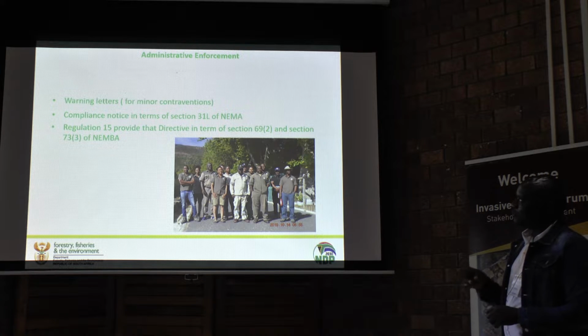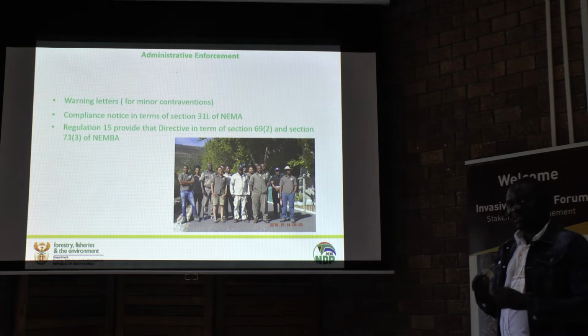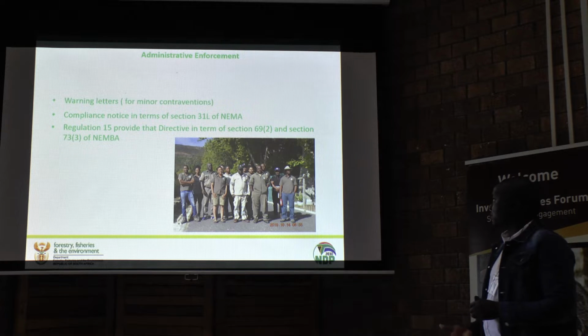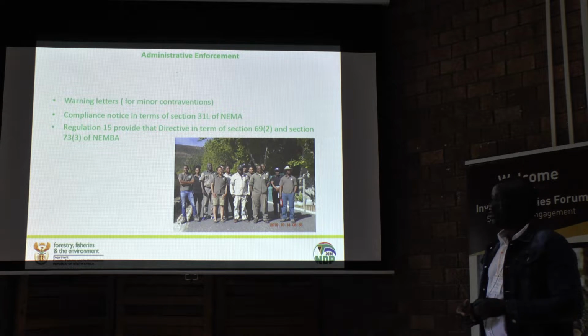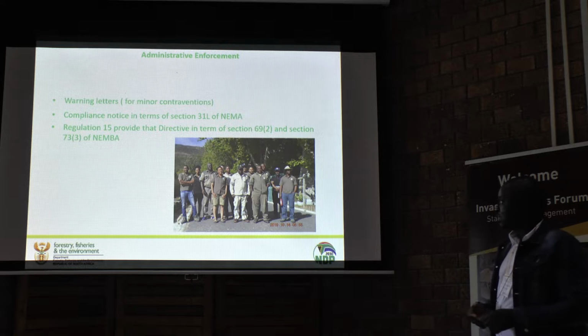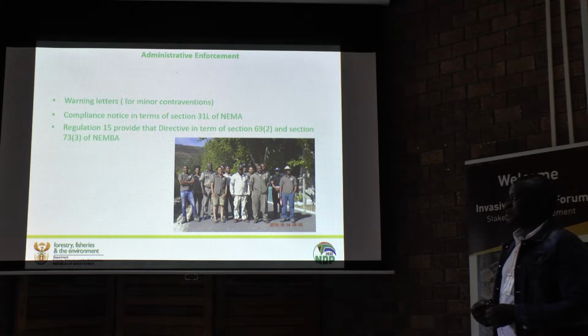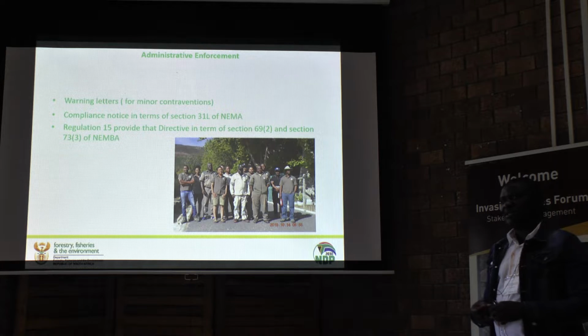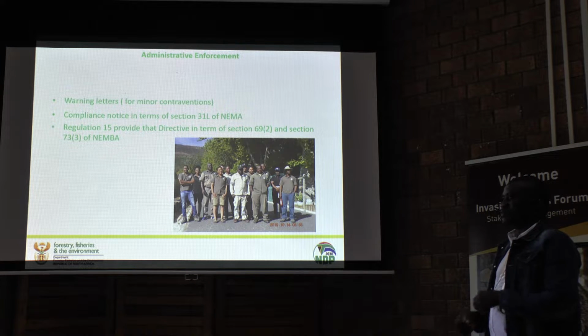If you don't write a representation, or sometimes you will write a representation but when it comes to the control management plan you don't submit, and the working days lapse, then we will come to your property and do an inspection.